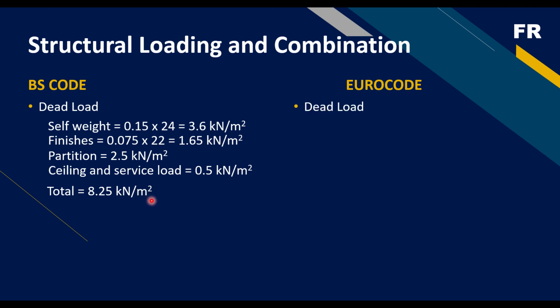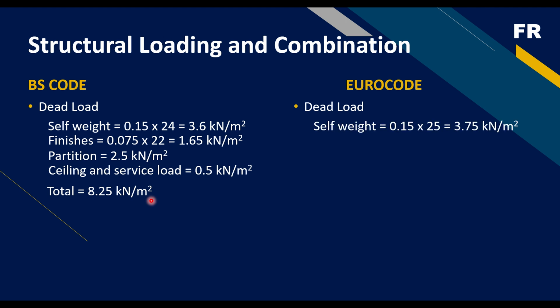But if you want to consider the Eurocode, dead load for the Eurocode is quite similar. For those that are familiar with the 2 codes, you know that the 2 codes are based on the ultimate limit state, the limit state design. They are both based on the limit state design. So it's more or less similar in terms of the loads.